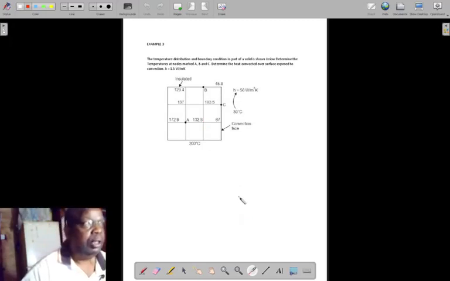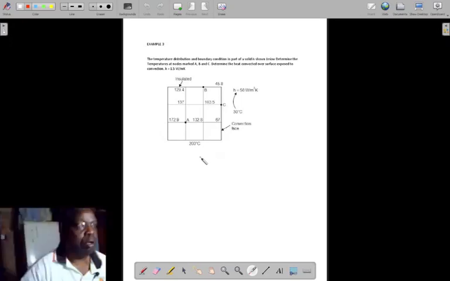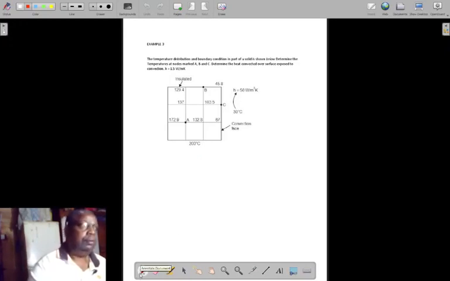Determine the temperatures at the nodes marked A, B, C, and you're supposed to determine also the heat convected over the surface exposed to a convection. Okay, so let us have a look at how to go about it.